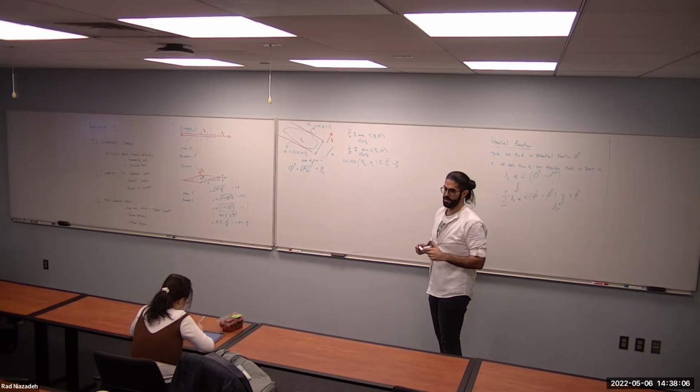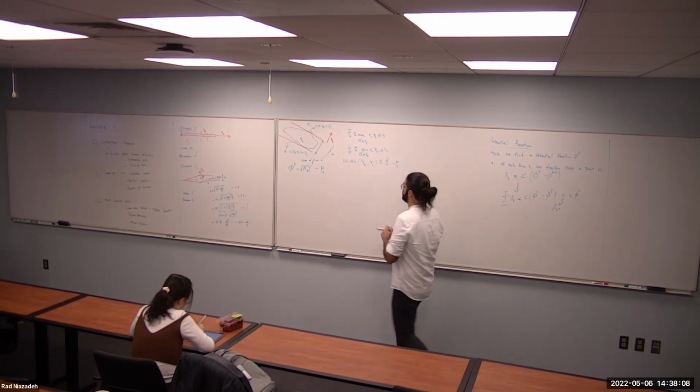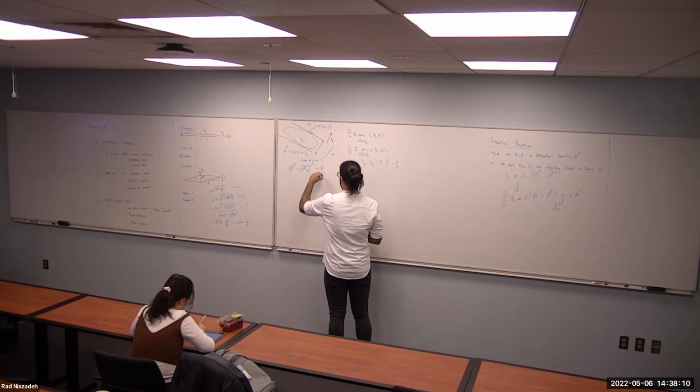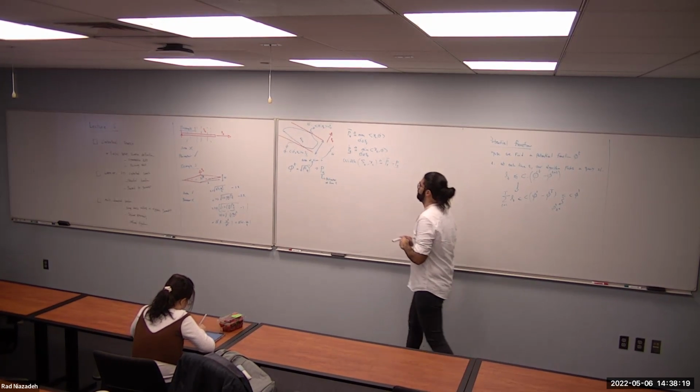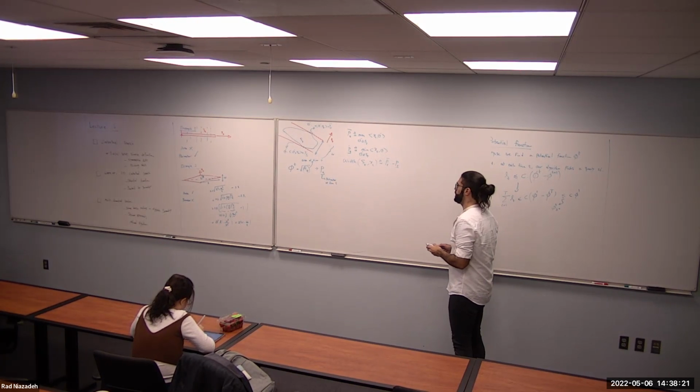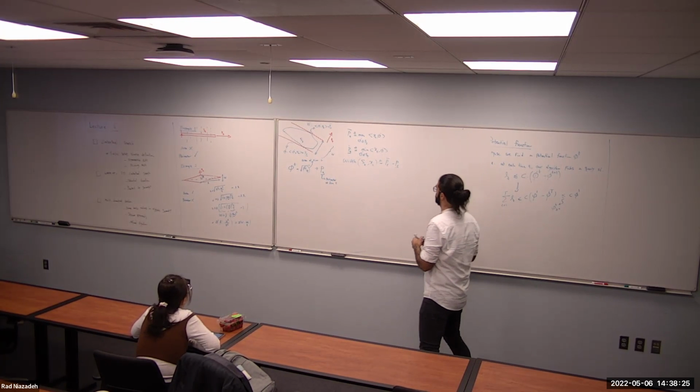I'm going to use this as a potential function. So we want to have an algorithm that uses this as the potential function.